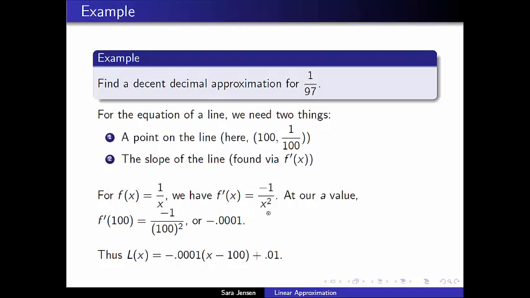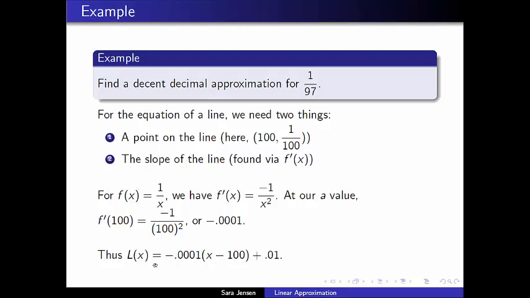We're in particular concerned with the value of this derivative at our a value, which is 100. So plugging 100 into this derivative, we find that f primed of 100 is negative 1 over 100 squared, or alternatively, if you prefer decimals, negative 0.0001.